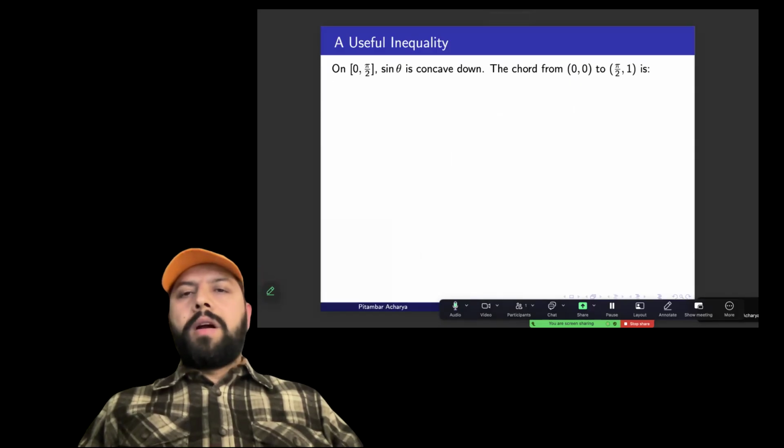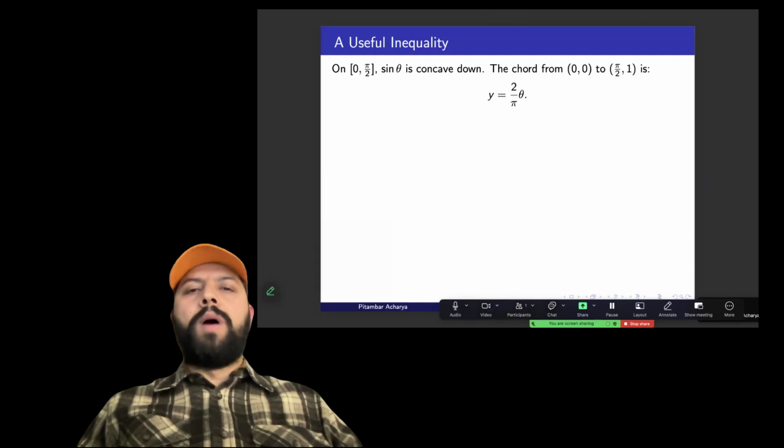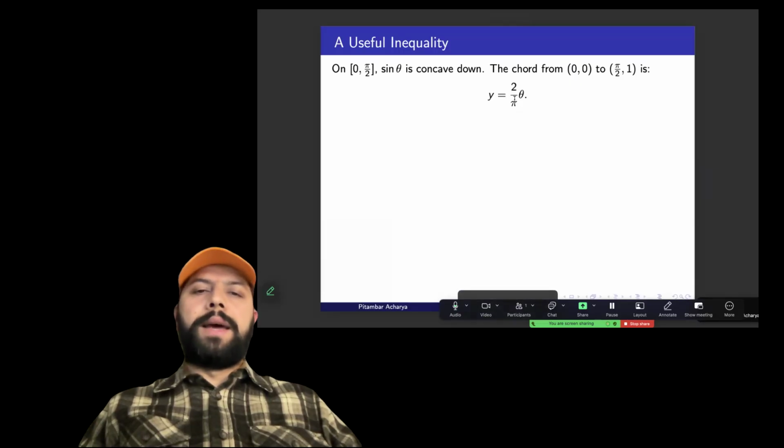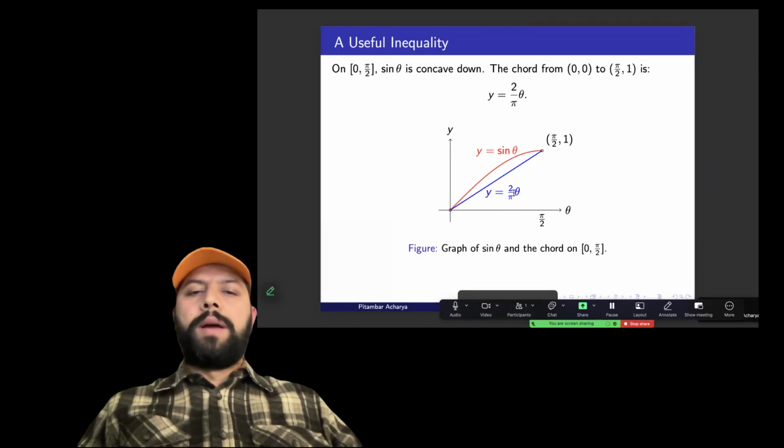So if we take a chord from the origin to the coordinate pi over 2, 1, then we'll get a straight line whose equation will be y equals 2 over pi times theta. So here is a graph. We have a chord represented by the blue line, and the equation of this line is y equals 2 over pi times theta, and this red curve is the equation of sine theta, y equals sine theta.